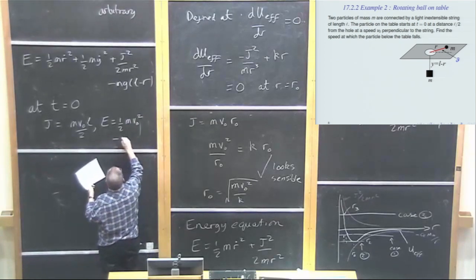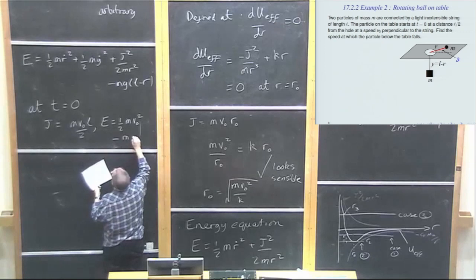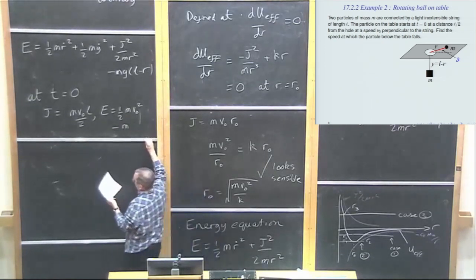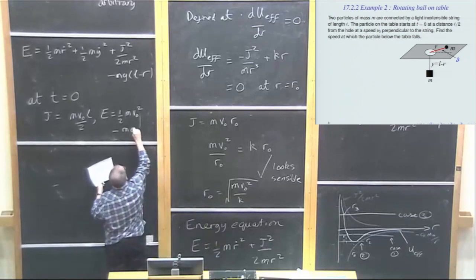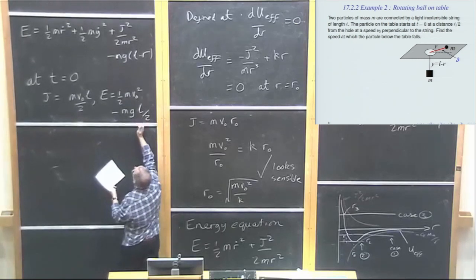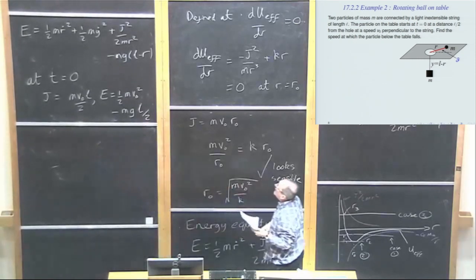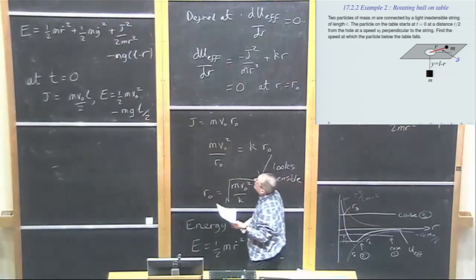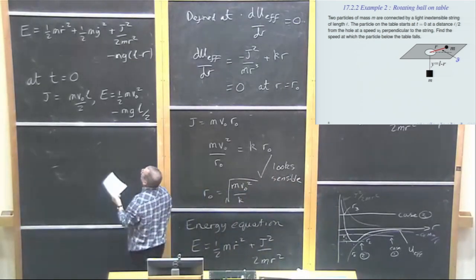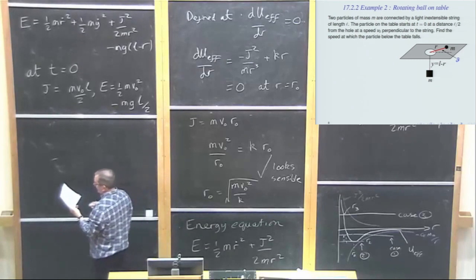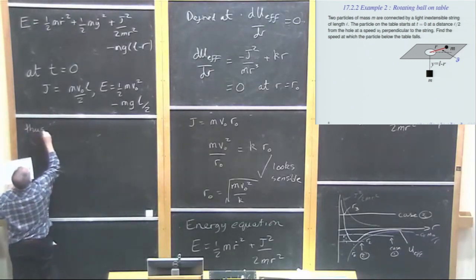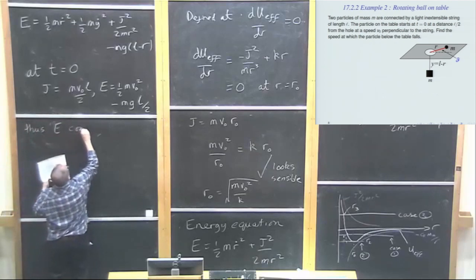And then there's some potential energy because the string below the table is of length L over 2. So we have minus m g L over 2. These are things which we know at t equals 0. So we have this energy, and we can now put this into this equation from energy conservation.